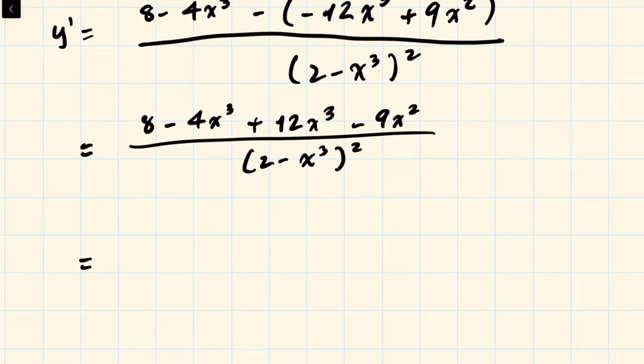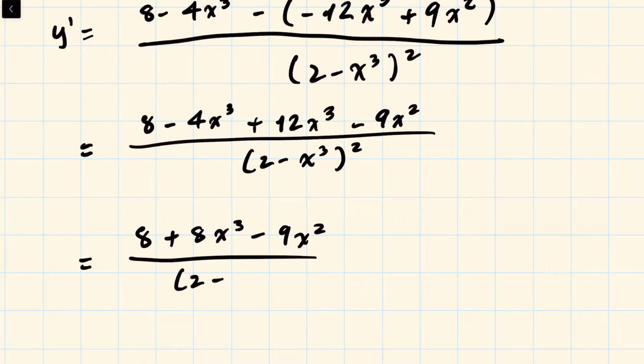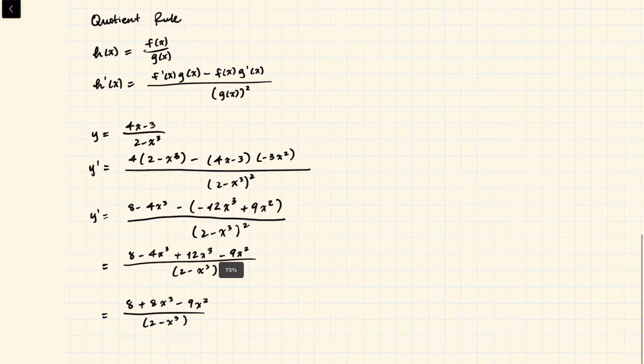So we're going to have 8 plus 8x cubed minus 9x squared all over (2 minus x cubed) squared. Okay, so that's going to be our first derivative there.